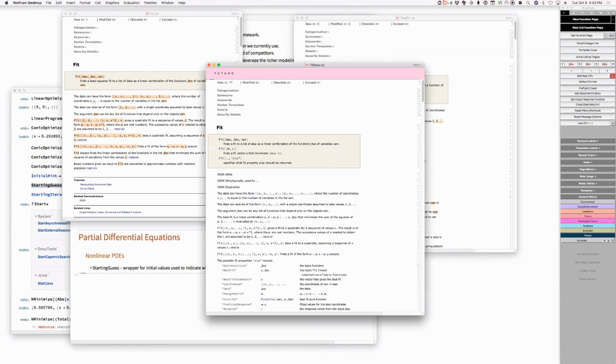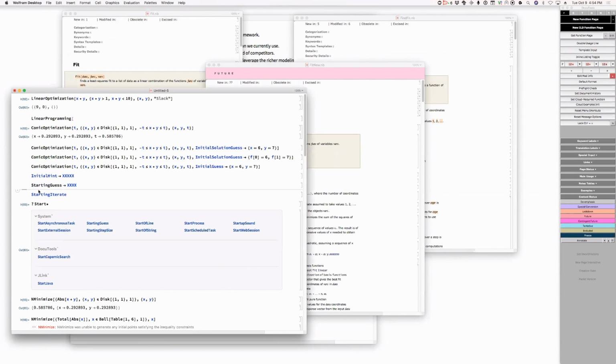Hey, actually, this is a good suggestion from the live stream. Initial seed values. I like the concept of a seed. That's not too bad. Yeah, the problem I see with that is it implies randomness. No, I don't think it does. A guess is no more random than a guess.